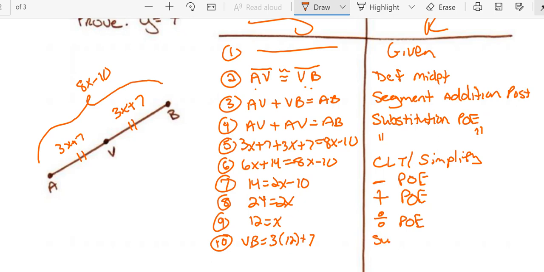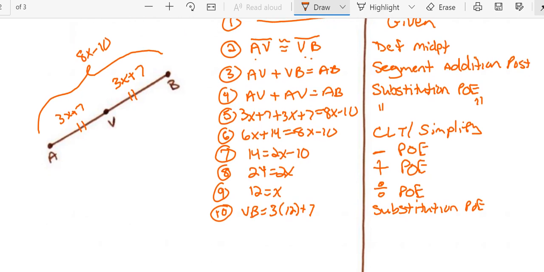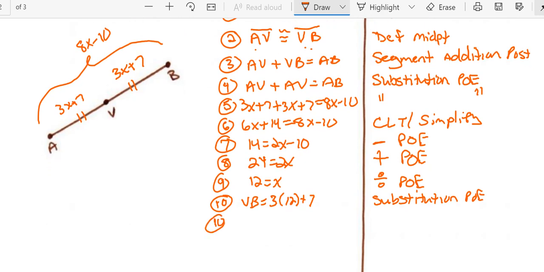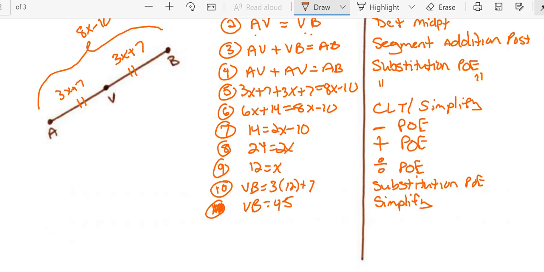That's substitution. Step 11: VB equals 36 plus 7. It's going to be 45. Simplify. And then we can do the equation.